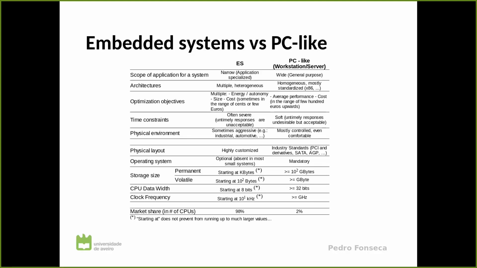Before IoT, we already had 98% share of CPUs for embedded systems, and only 2% was for PC-like systems. Why? Because currently even our toaster or coffee machine may have a microcontroller inside. So if you ever go for embedded system programming, surely there will be a job for you.